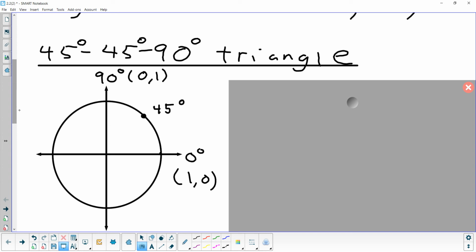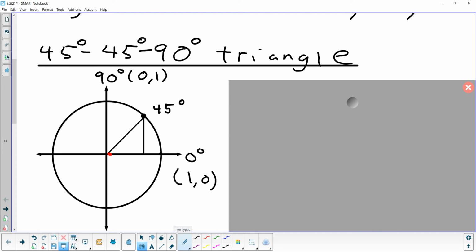So what we're going to do here to figure this out is we're going to start by drawing a line from that point to the origin, and then draw another line straight down. I just created a triangle. And the goal is going to be to figure out the lengths of the two sides of that triangle.